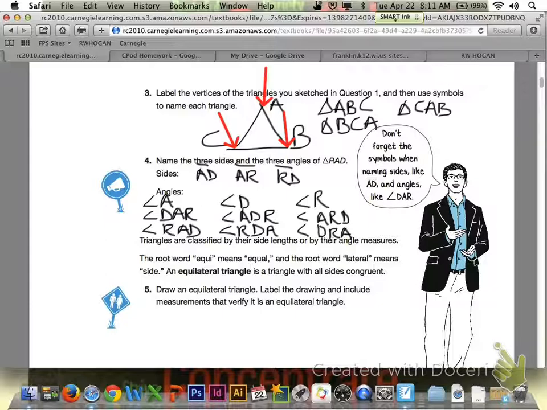What I'm hoping that you notice, which is very, very important, is that in this case the first angle that I have listed is that middle letter in the other 2, and that's going to indicate the vertex of the angle.